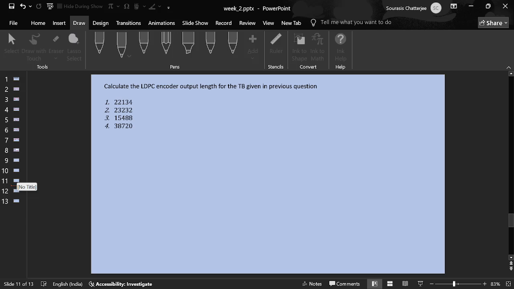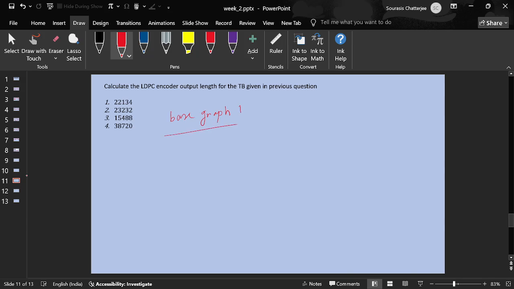Okay, so what is the LDPC encoder output length for the transport block given in the previous question? How do I get there? Remember the question asked about base graph 1.